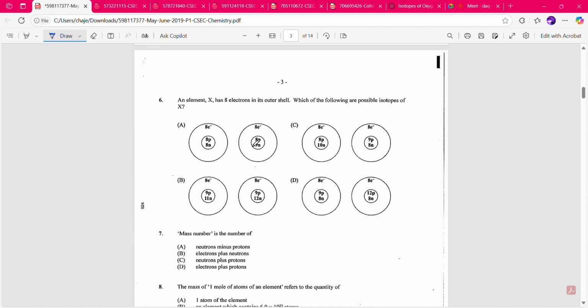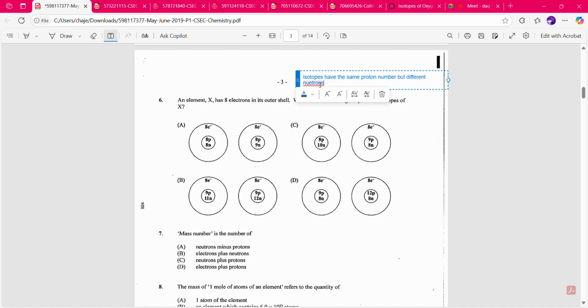Number 6, an element X has 8 electrons in its outer shell. Which of the following are possible isotopes of element X? This goes back to the definition of isotopes, which have the same proton number but different neutrons.